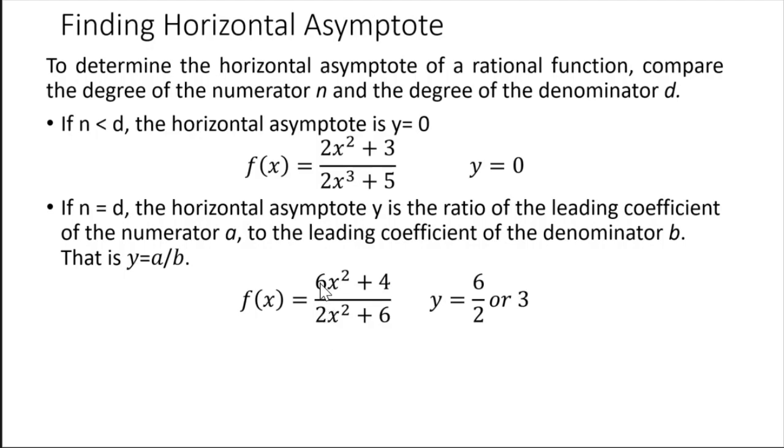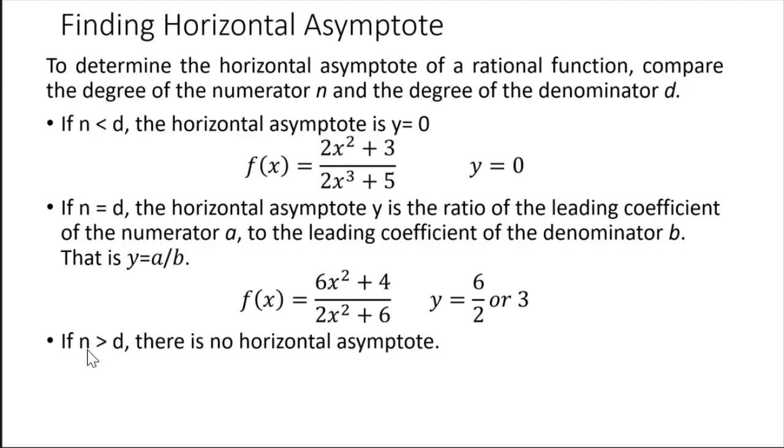So y is equal to 6 over 2, which simplifies to 3. And this is our horizontal asymptote.